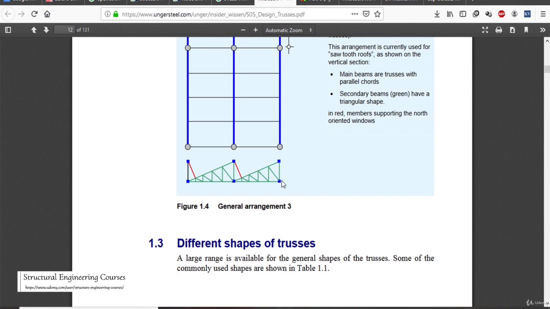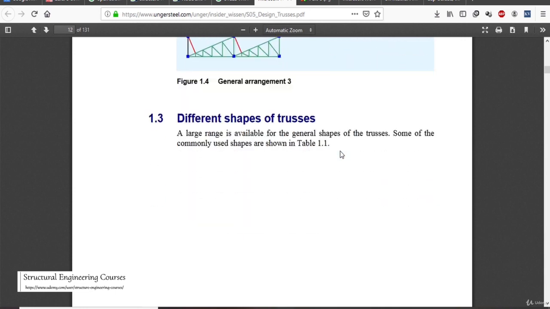Because when we consider natural lighting from the north direction, it remains throughout the day. So the purpose of this arrangement is that the light from the north side gets inside the structure. That is why it is called a north light roof or north oriented windows.